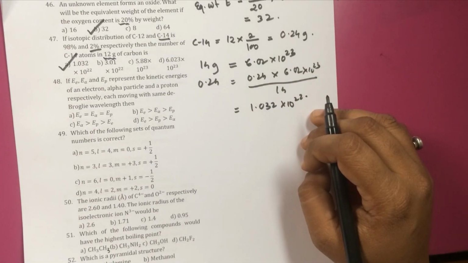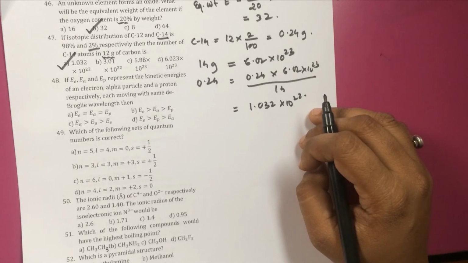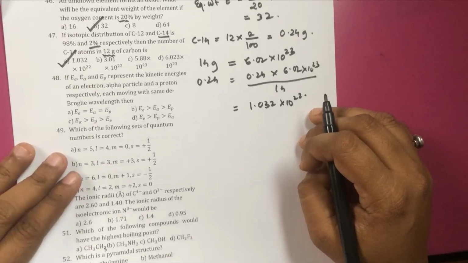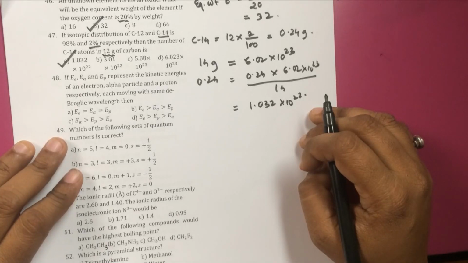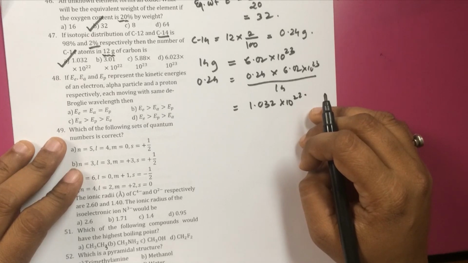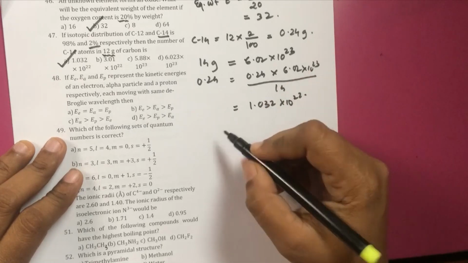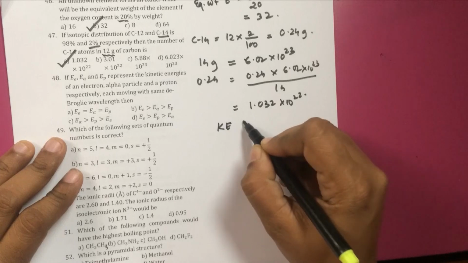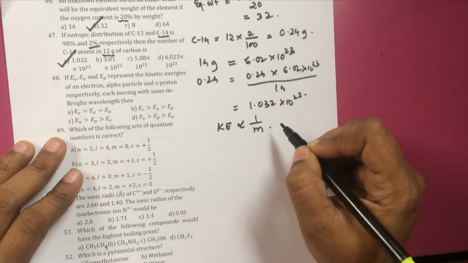Question number 48. If EE, EA and EP represent the kinetic energies of the electron, alpha particle and the proton respectively, each moving with the same de Broglie wavelength, then the kinetic energy will be inversely proportional to mass.